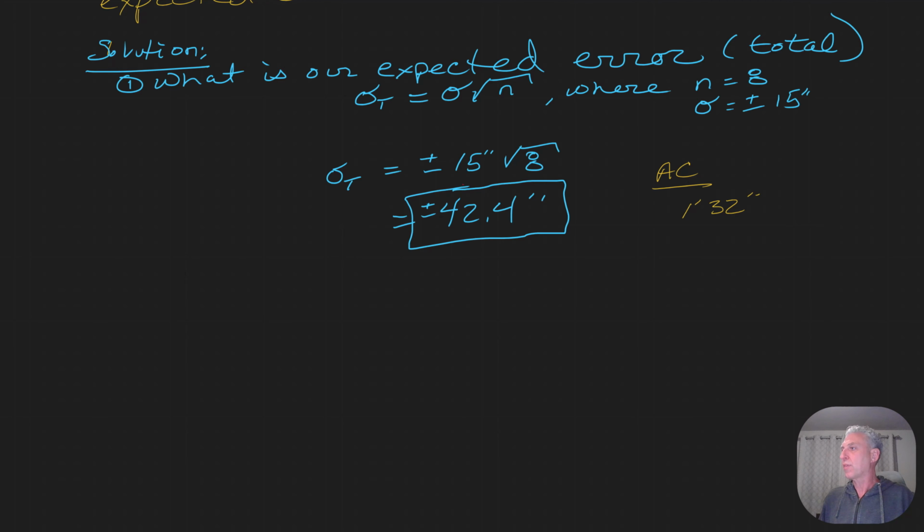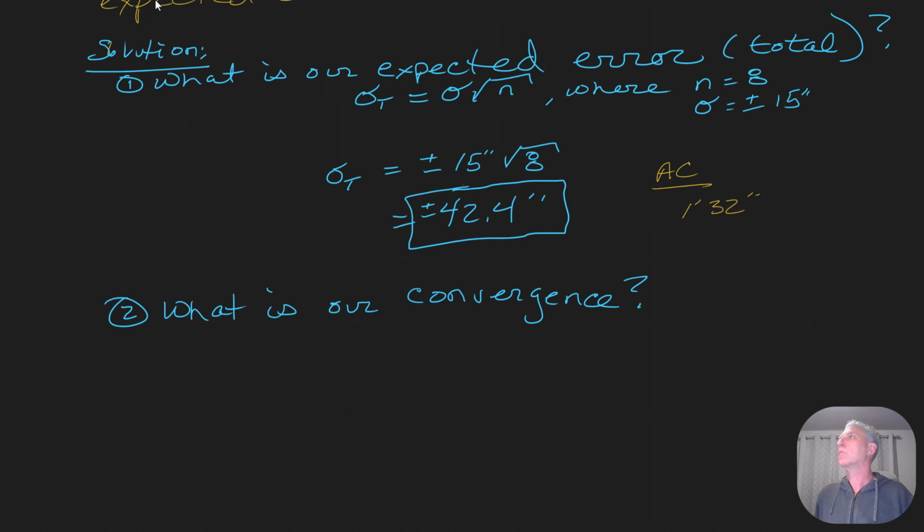So the second thing is, what is convergence? So this is where we use our fun little approximation that we came up with. So C equals, what was it?